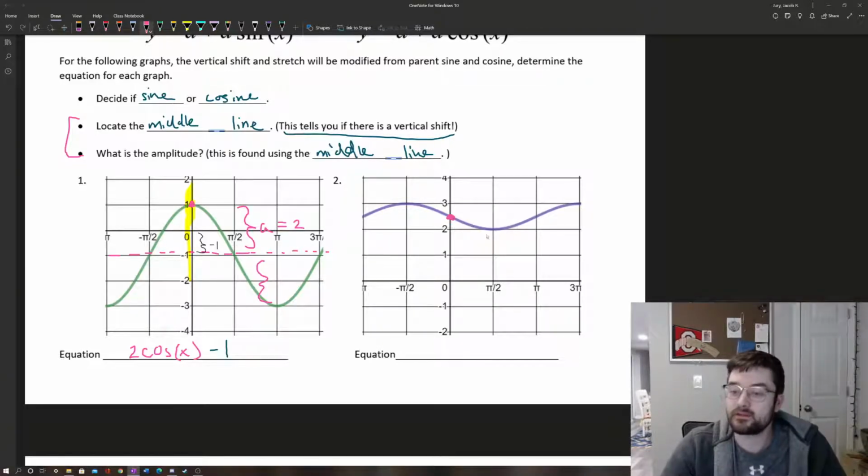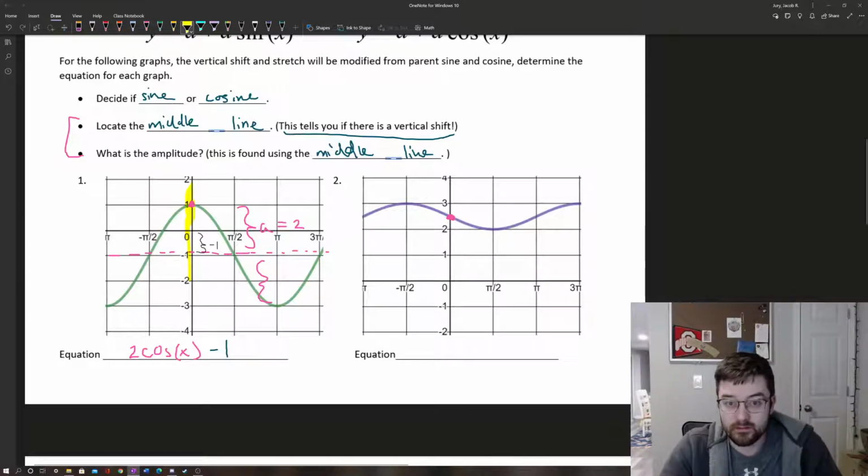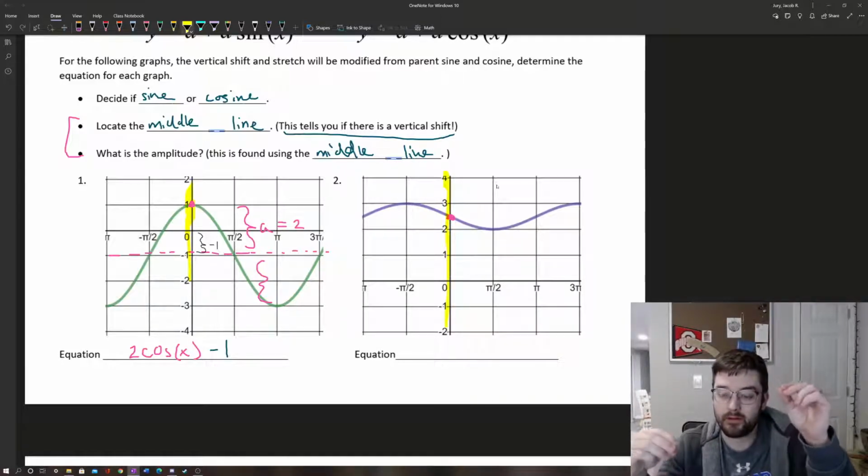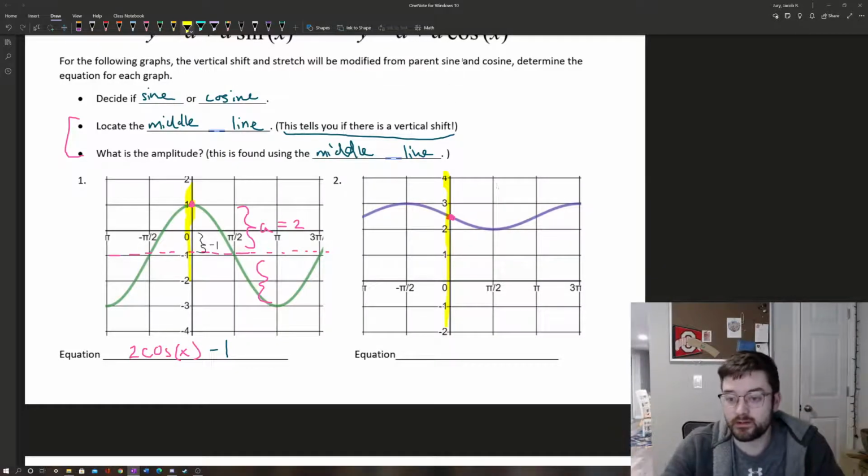But another thing that gives that away is I'm not hitting the y-axis on a peak or a valley. I'm hitting it in the middle of that, where maybe if this were the parent, this used to be where 0 was. So since I'm not hitting at a peak or valley, I know this is sine.